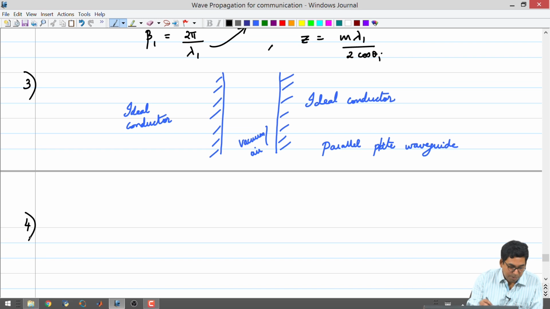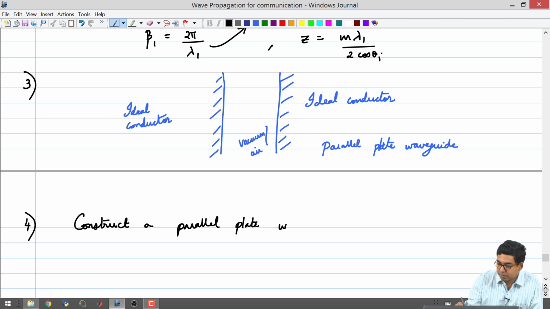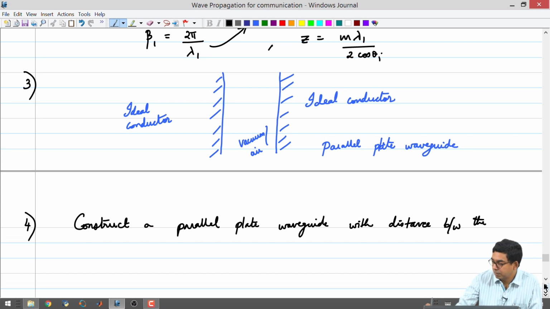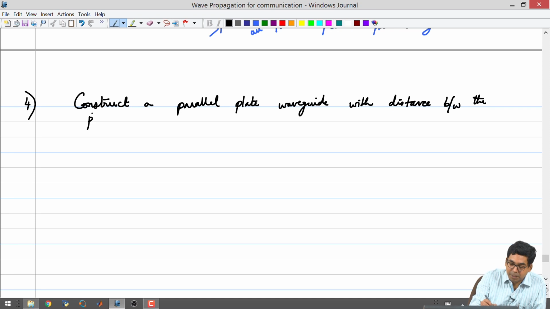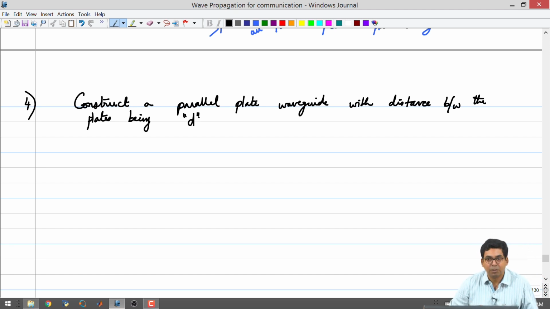So, you can construct a parallel plate configuration with distance between the plates being denoted by d, because it looks like a parallel plate capacitor, right. So, distance between the capacitor plates we usually call it with the letter d. So, you can just use d, right.